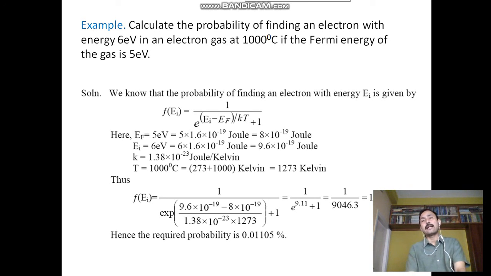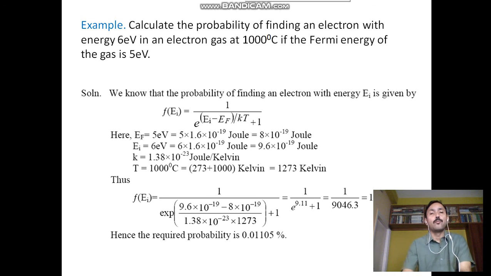So the supplied data is energy of the electron, 6 electron volt, that is E. Fermi energy is EF, 5 electron volt. So E minus EF is 1 electron volt. Temperature is 1000 degrees centigrade, that means 1000 plus 273 Kelvin.